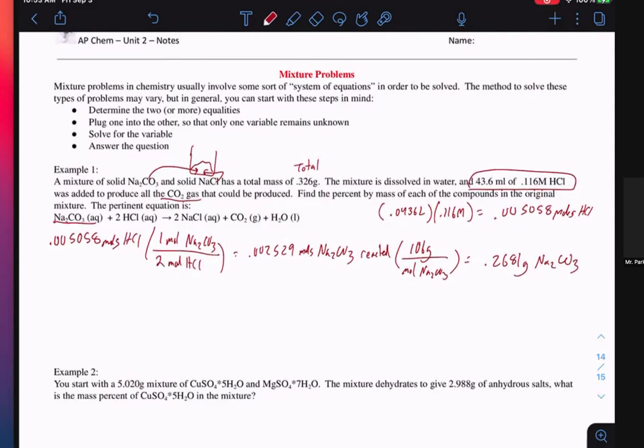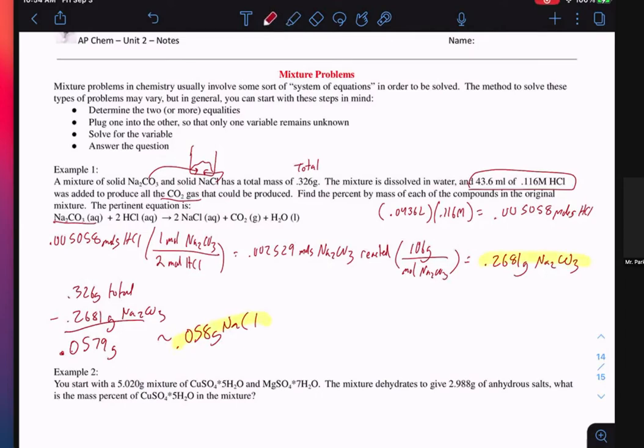So, 0.0579, 0.058 grams of NaCl. At this point, we've got the masses of both.